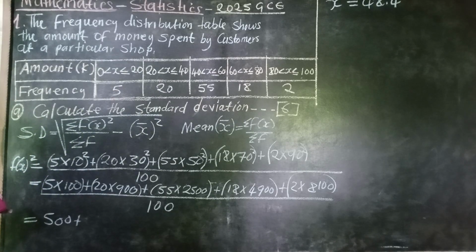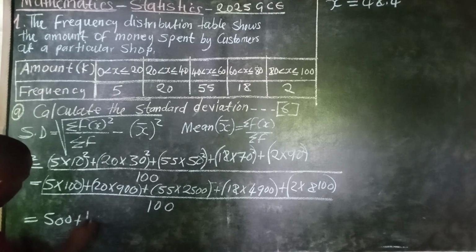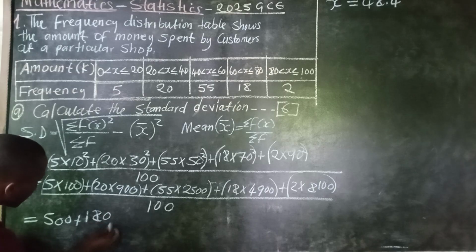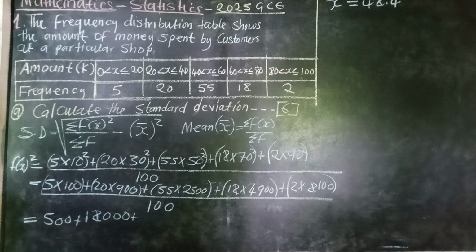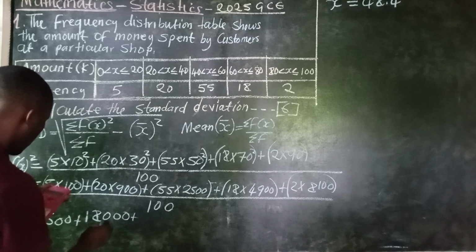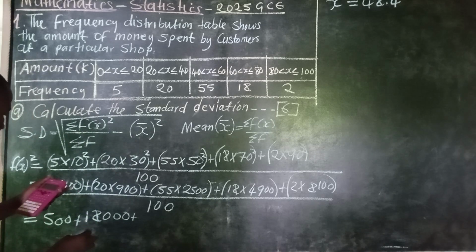The answer is going to be 18,000. Then plus 55 times 2,500. The answer is 137,500.